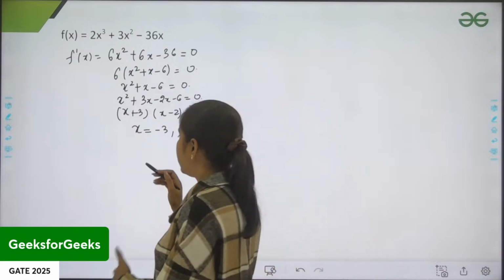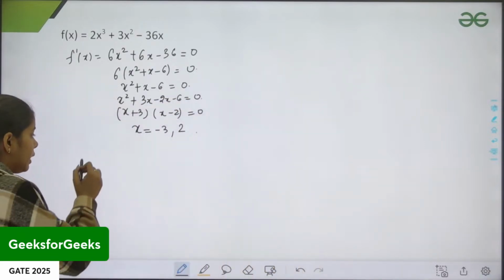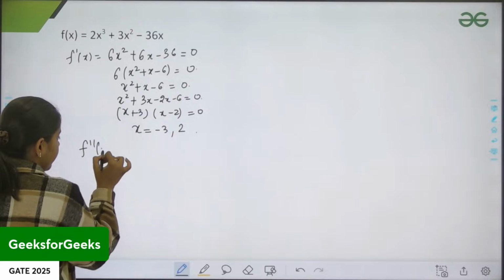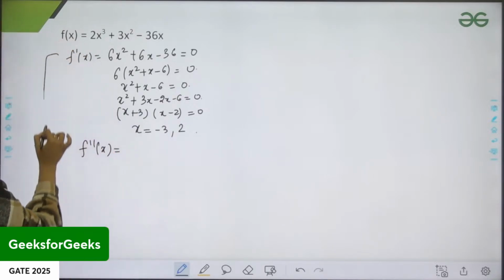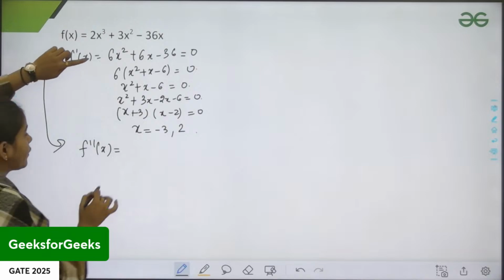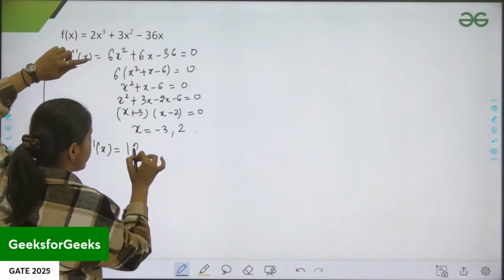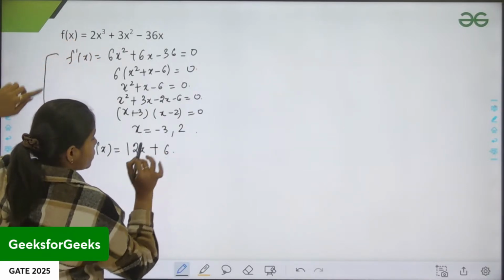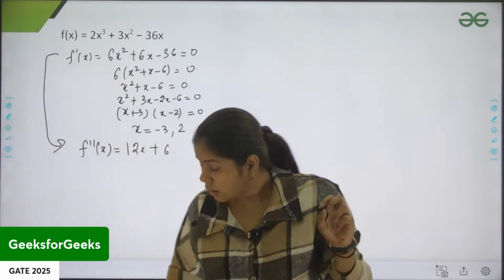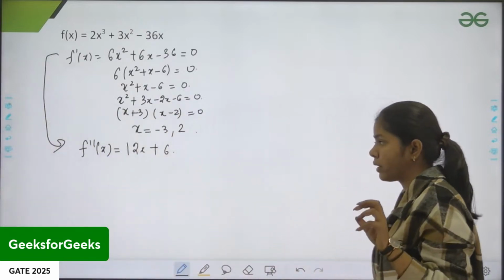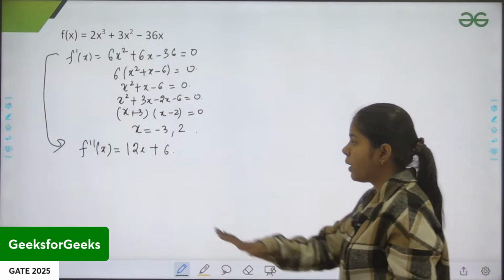So what would I do? I'll take a double derivative, f double dash x. That means I have to differentiate this function again. So 6x square differentiation is 12x plus 6. So double derivative, I got 12x plus 6.